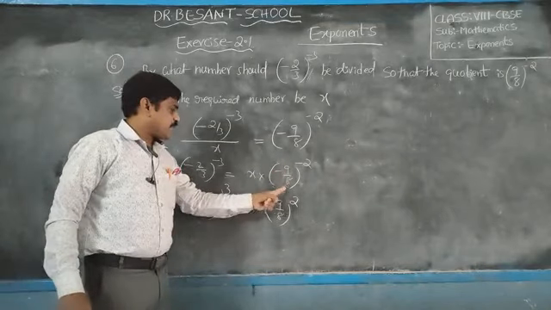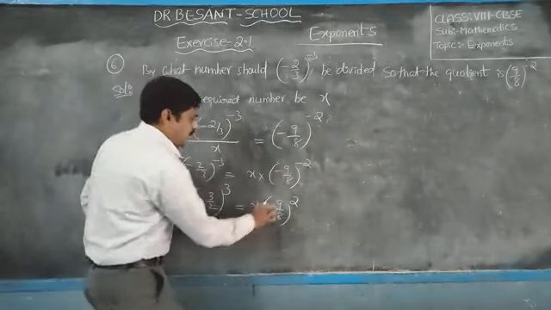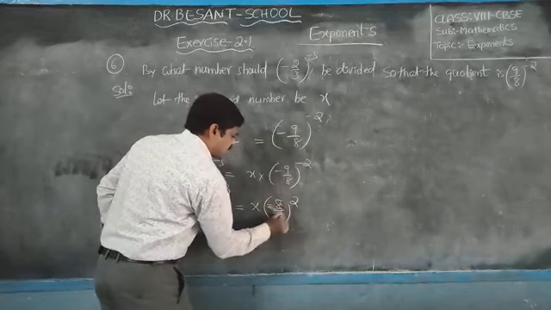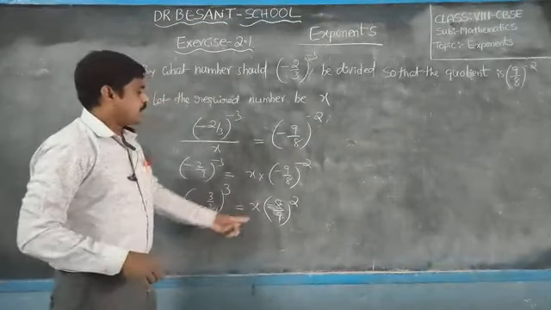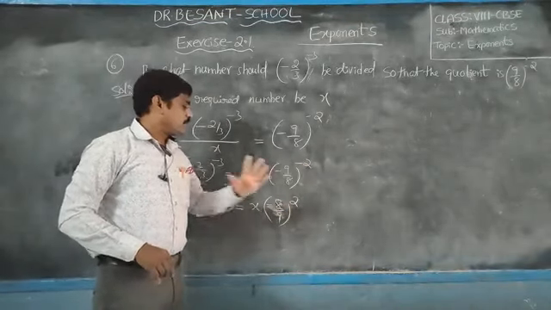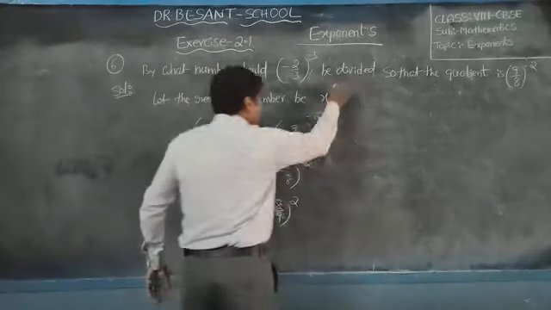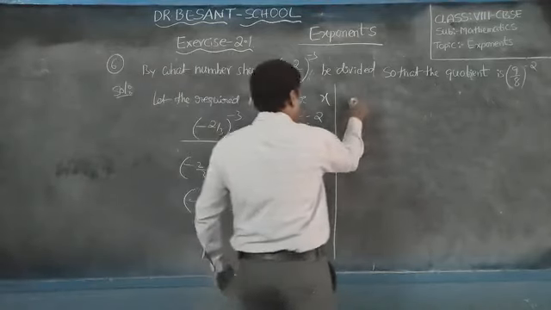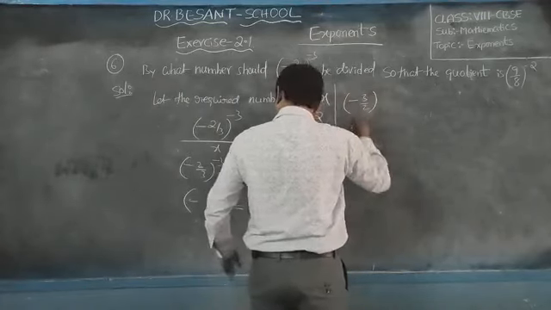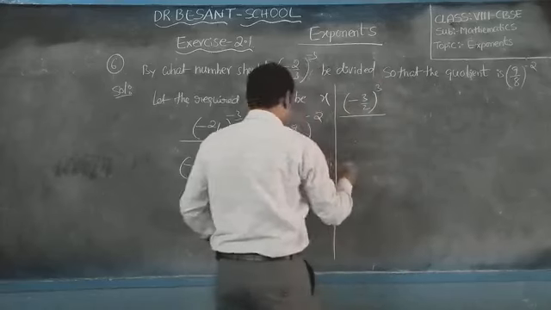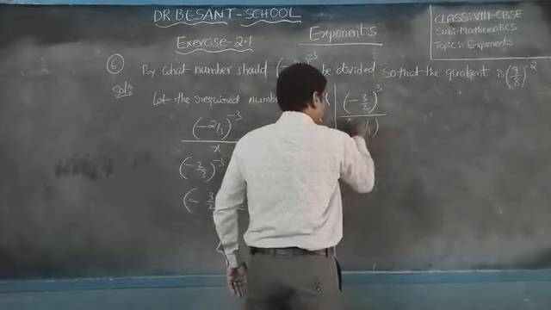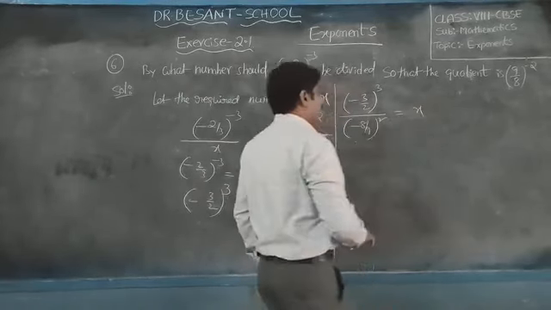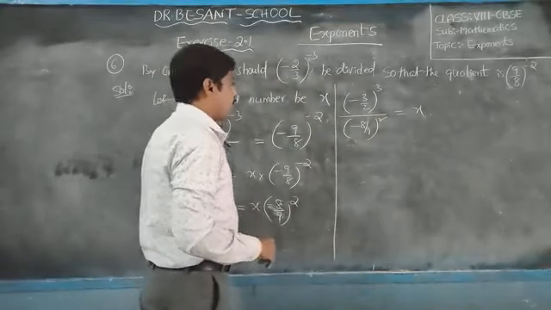Now instead of minus 9 by 8, I wrote minus 8 by 9. Then negative exponent minus 2 will become plus 2. Now this is minus 3 by 2 whole cube by minus 8 by 9 whole square is equal to x. Okay, next.